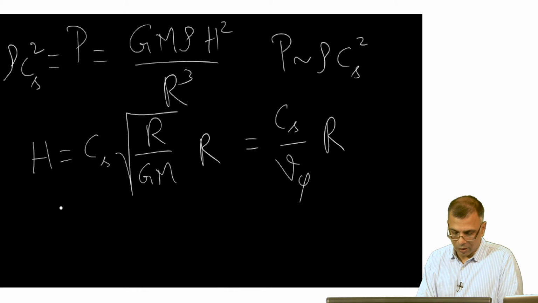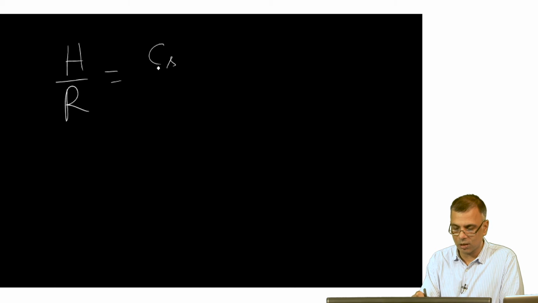In other words, h over r is nothing but Cs over V phi, and this is such an important relation that I will write it on a separate slide. In other words, h over r is equal to Cs over V phi.